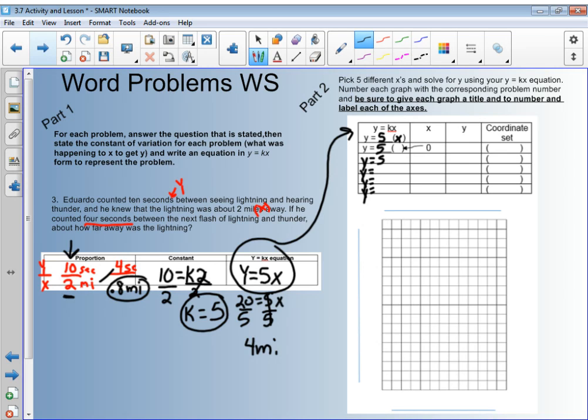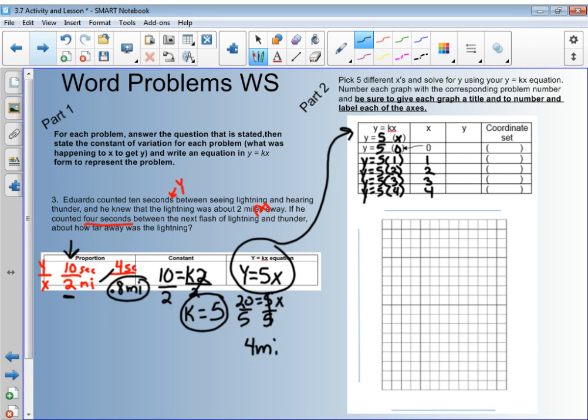So we'll do 0, obviously, then we'll do a 1, we'll substitute in a 2, a 3, and a 4. So our x's are 0, 1, 2, 3, and 4.